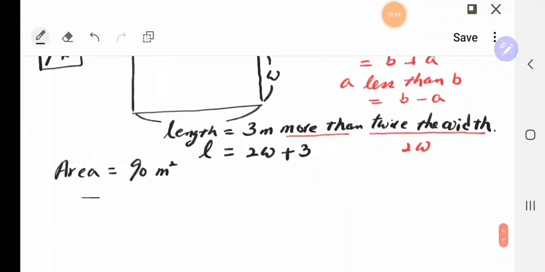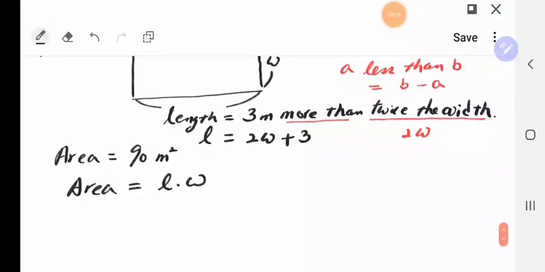So the area formula is what? The area formula is length times the width. The area is given, so use the area formula, which is 90. The length is 2W plus 3, times the width.